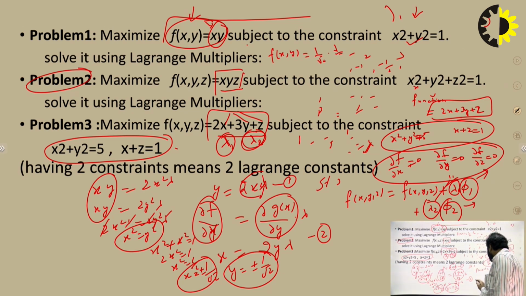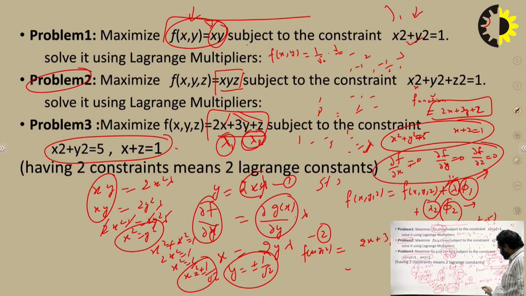So this is f(x, y, z) equal to 2x plus 3y plus z plus lambda 1 into x square plus y square minus 5 plus lambda 2 into x plus z minus 1.